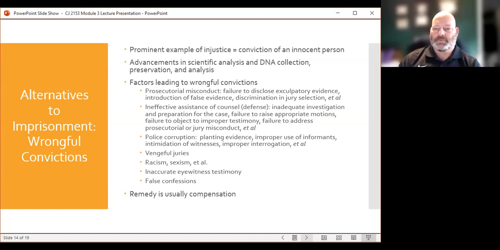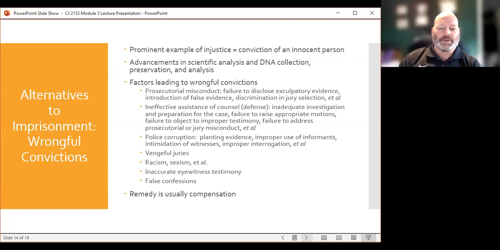You may have members of a jury that passed muster during voir dire, but held some prejudice toward a defendant, or even someone on the defendant's defense team, and they exact vengeance upon the defendant during the jury process. Wrongful convictions also come about due to racism, sexism, and other isms.